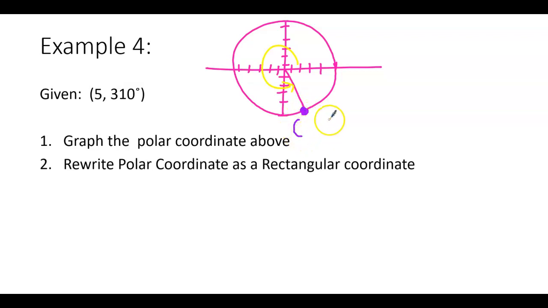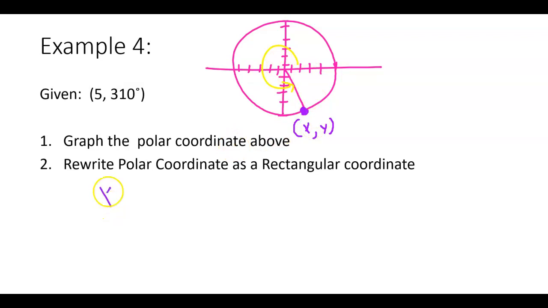So I need to know what my x value and my y value are for that point. I know that this line is 5 spaces from the origin. I know that this angle is 310 degrees. But I want to know what these coordinates are. How far over and down is it? Well, it's pretty simple.